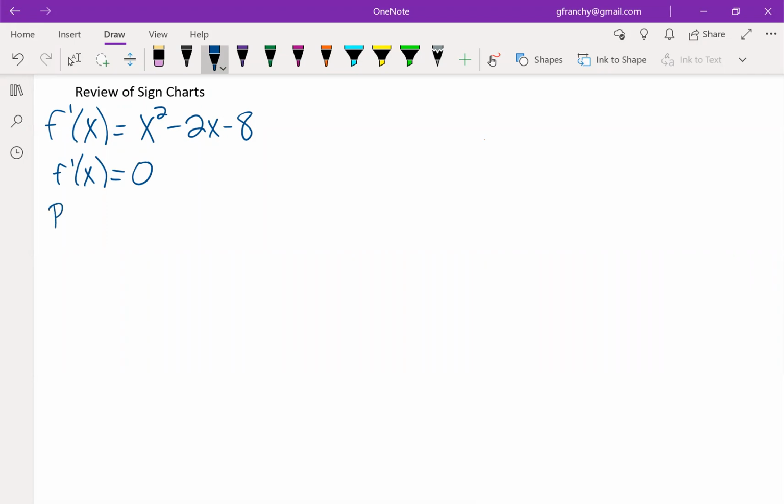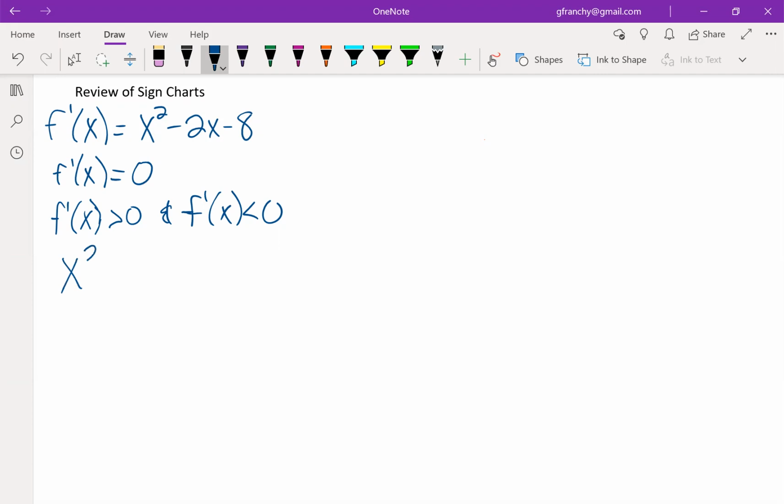But we're also going to be interested in where the derivative is positive and where the derivative is negative. And the way that we found that is a sign chart.